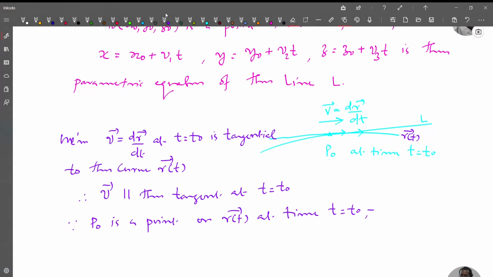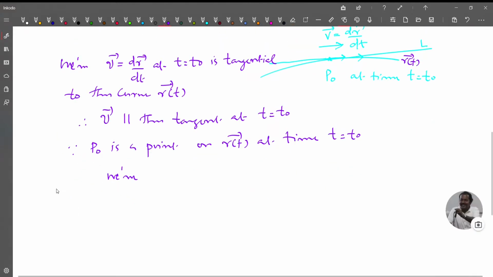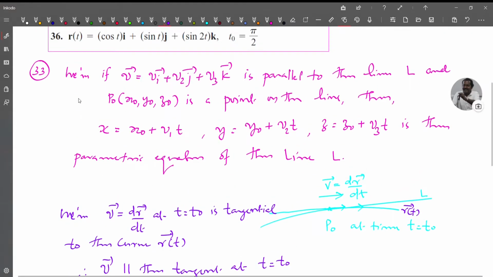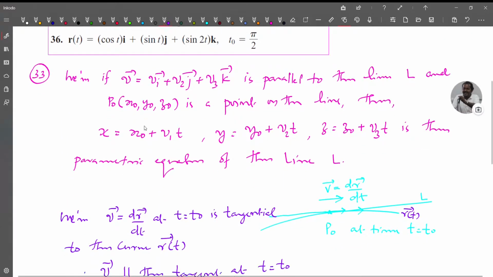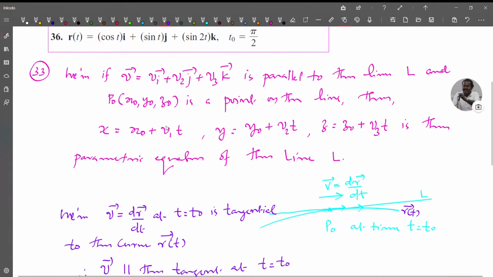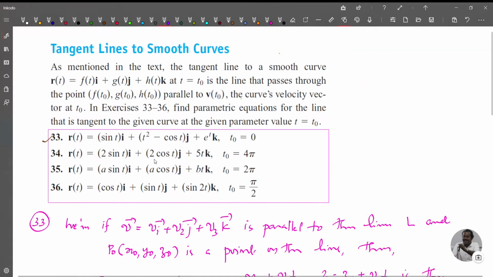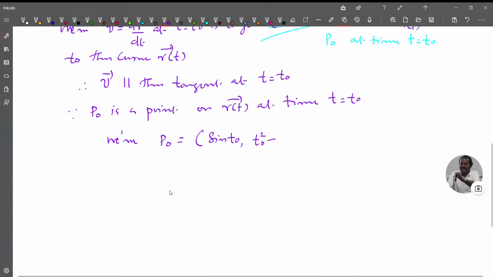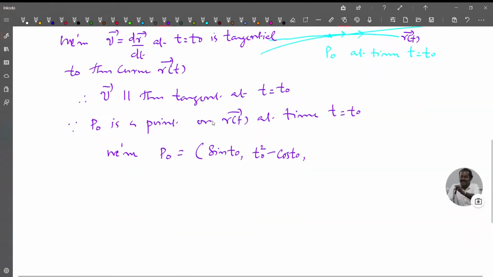At t equal to t naught, we have P naught equal to (sin t naught, t naught square minus cos t naught, e raised to t naught).